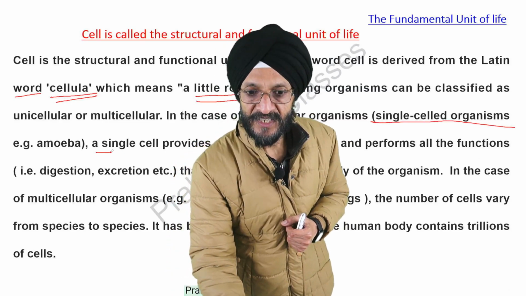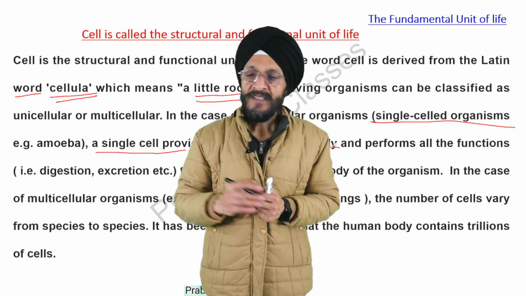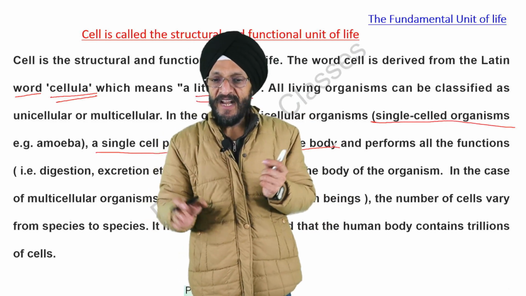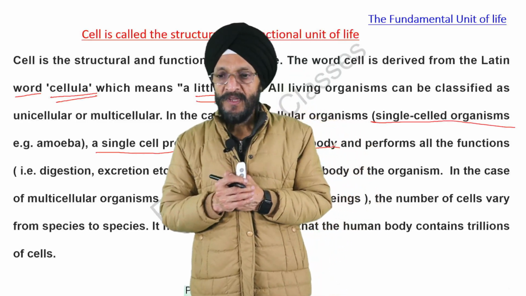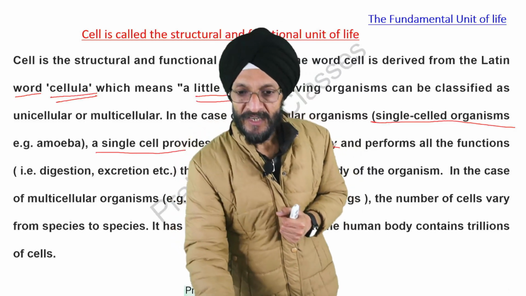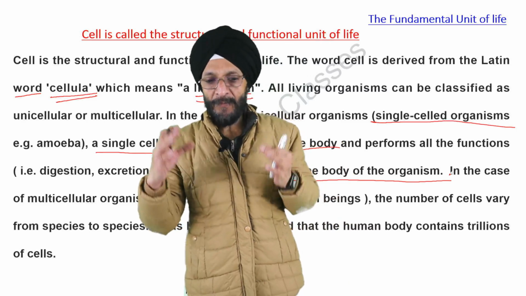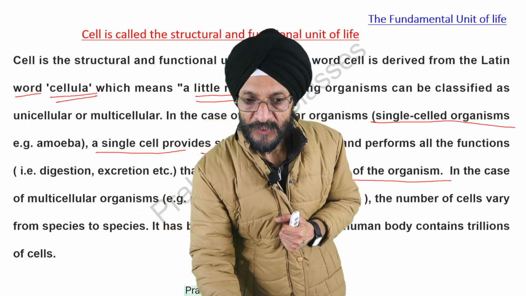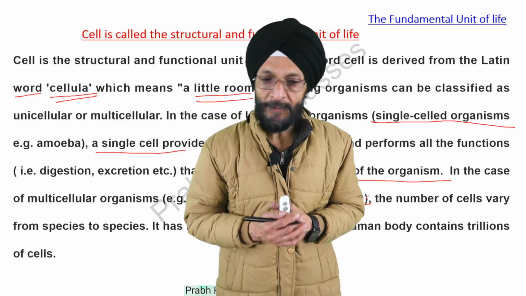That is, a single cell provides the structure for the body, and the single cell performs all the functions that take place inside the body of the organism. All these functions include digestion, excretion, etc. In the case of multicellular organisms, there are multiple cells in the body, and examples of multicellular organisms are plants, animals, human beings.